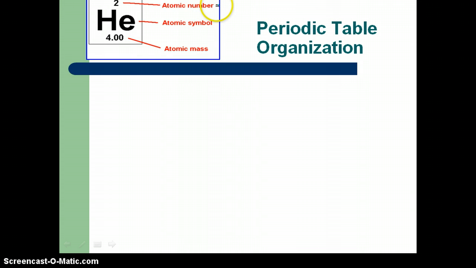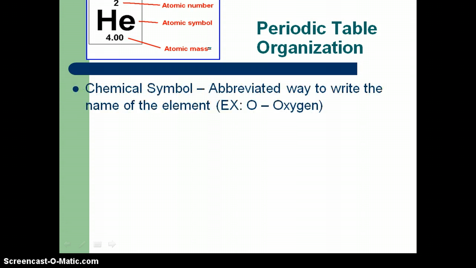But the key things to know here is that the atomic number is the number of protons and the atomic symbol is just a symbol to represent that particular atom, and then the atomic mass is protons plus neutrons. That portion you should not have written on your periodic table. You can write that into your notes.